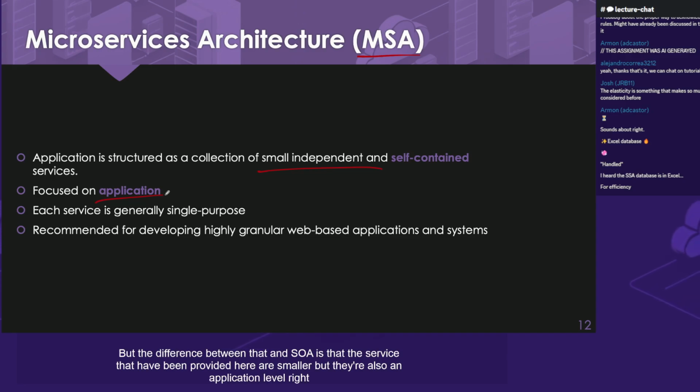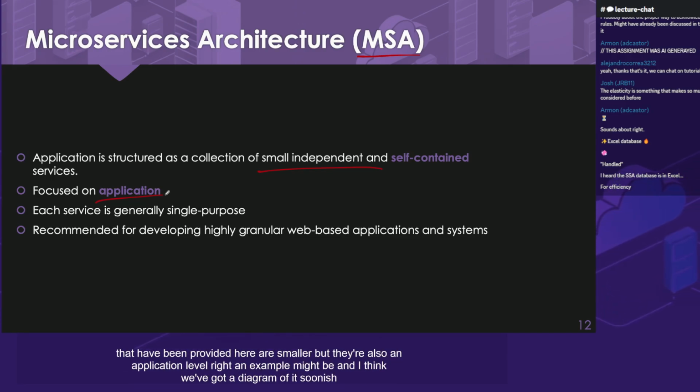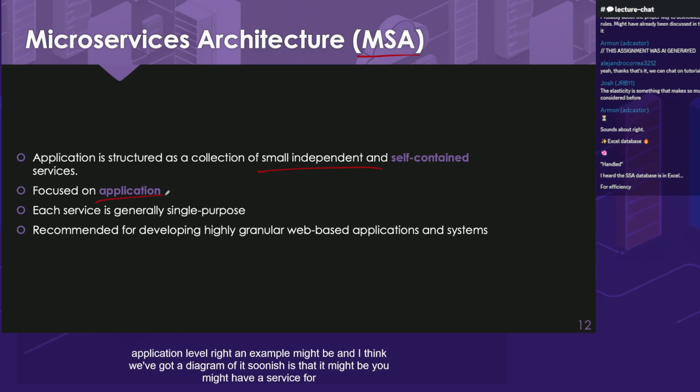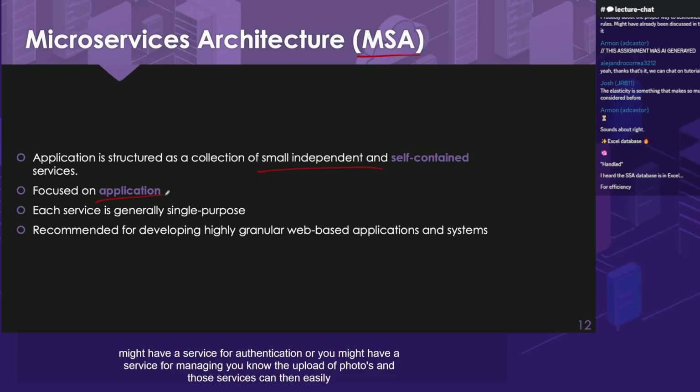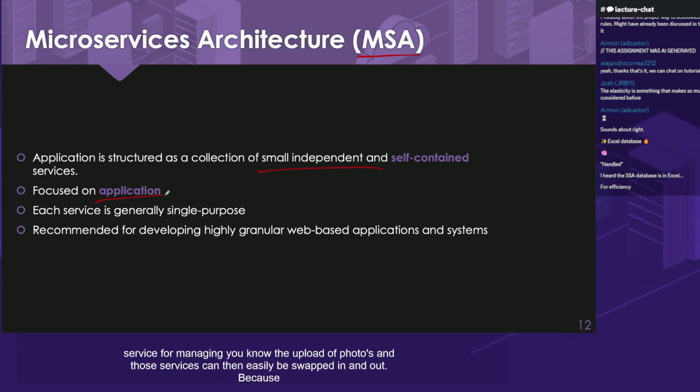An example might be, and I think we've got a diagram of it soonish, that you might have a service for authentication, or you might have a service for managing the upload of photos. And those services can then easily be swapped in and out because you might want to change how you serve that photo uploading aspect. And you just switch that out.